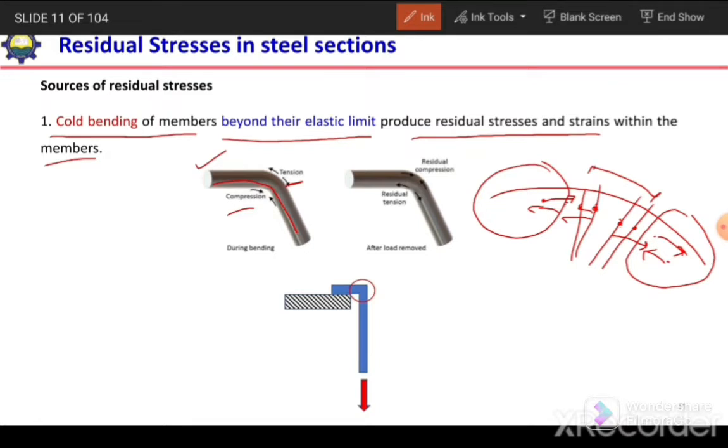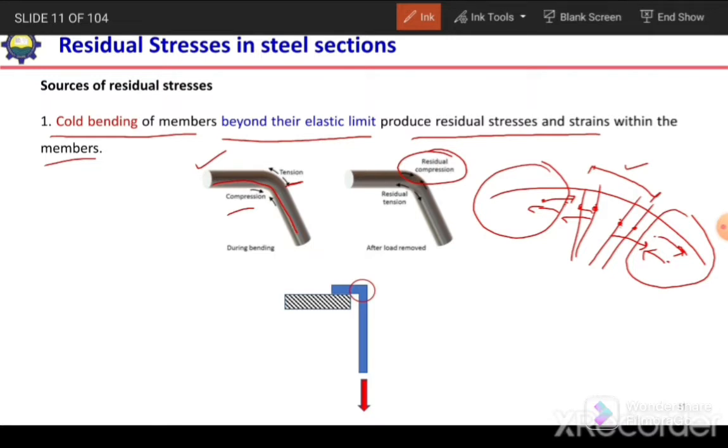So when the elastic particles move toward these permanently deformed particles, they apply compressive stresses on them. As a result, this portion will undergo compression. After the removal of load, compressive stresses remain in that portion, and these types of stresses are termed residual stresses.